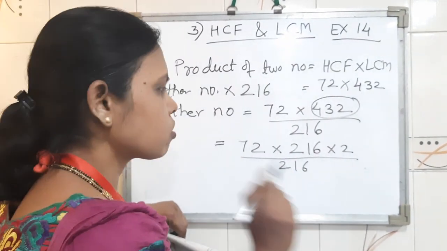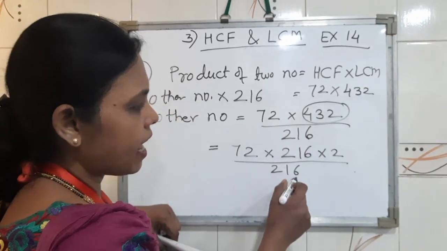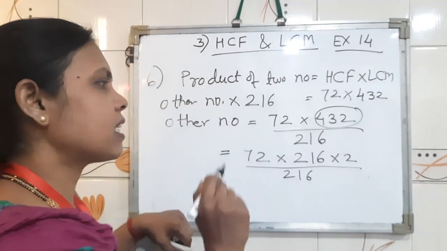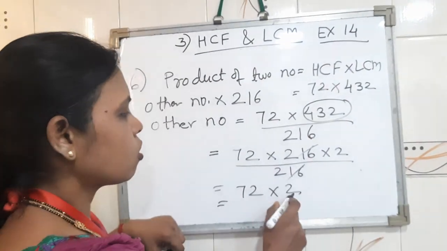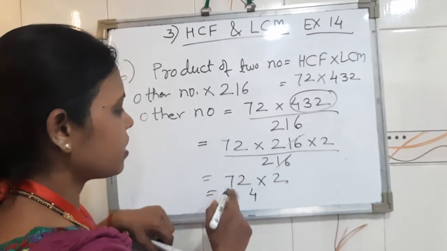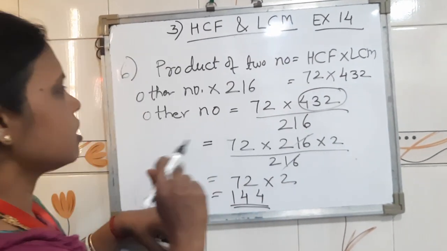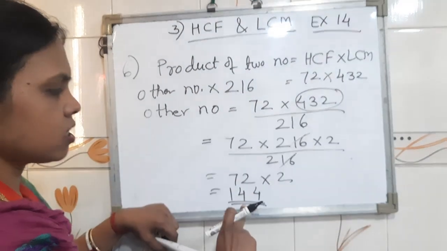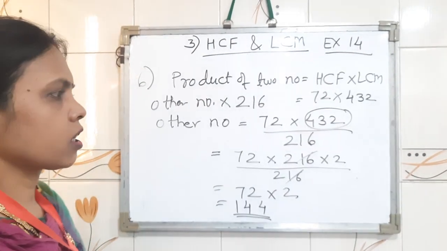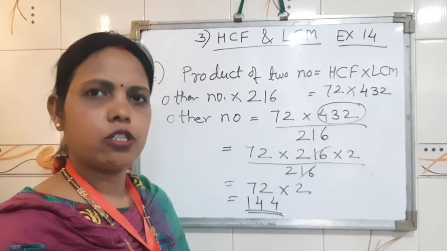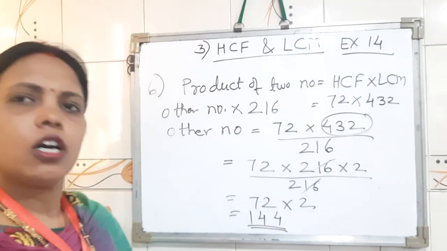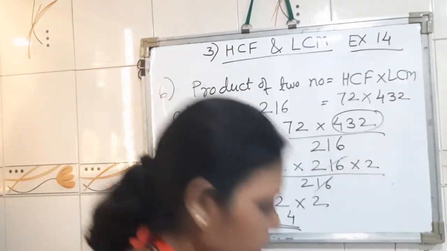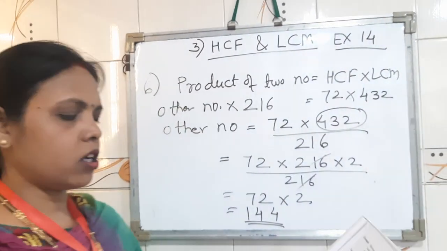So children, from numerator and denominator, we will cancel 216. Now what will remain? 72 into 2. That is 2 2 are 4, 2 7 are 14. Therefore, children, your other number is 144. I hope you all understood. Is it clear? So children, we are going to move to our next question, the seventh one.